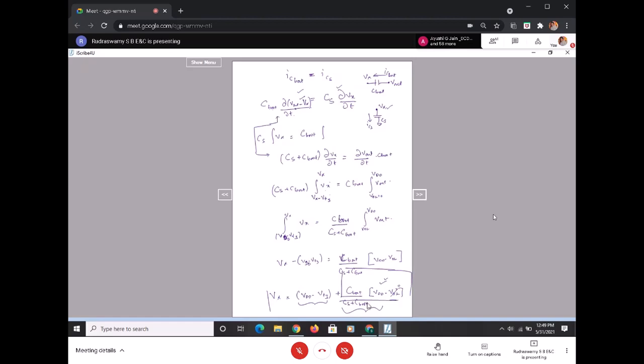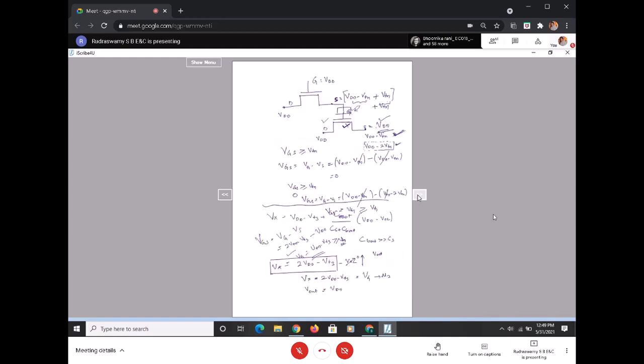As my V out increases from 0 to maximum, the maximum it can go is VDD. It cannot go beyond that, because whatever the source is, the drain has to be there. So maximum it can go is VDD, but at that particular point of time, my Vx will be simply VDD minus VT3. So there is no change in Vx that is happening.